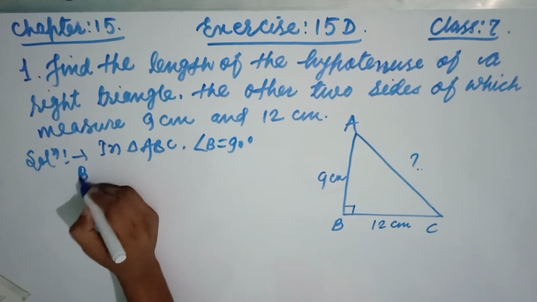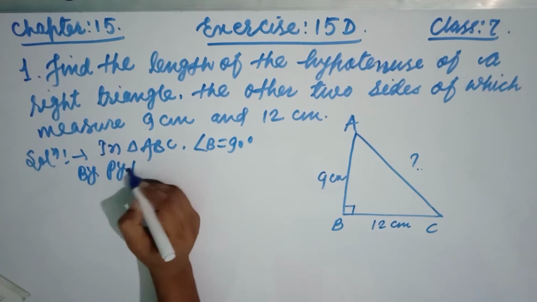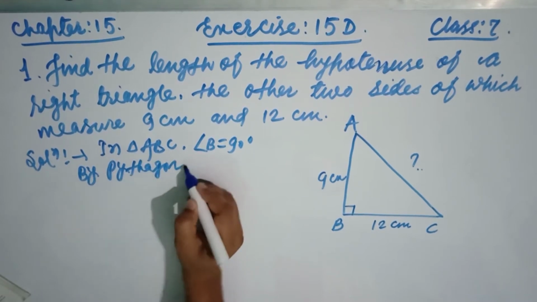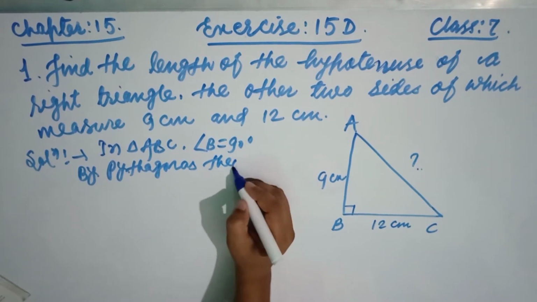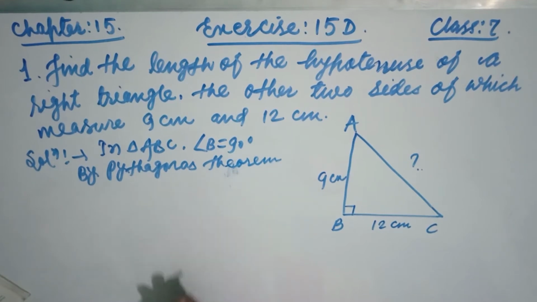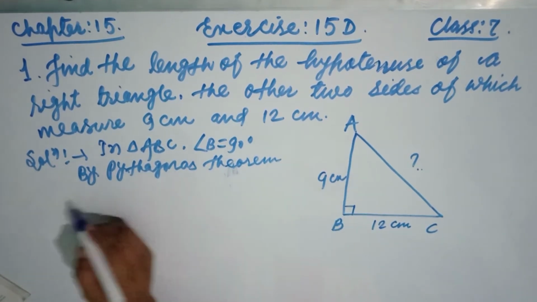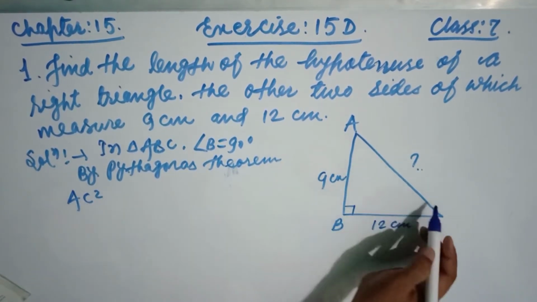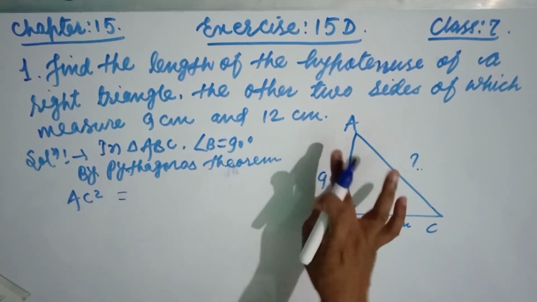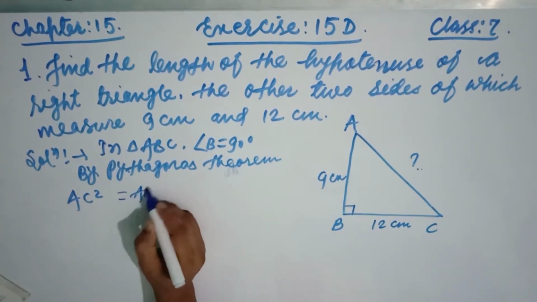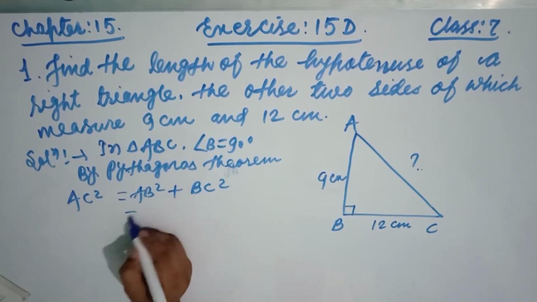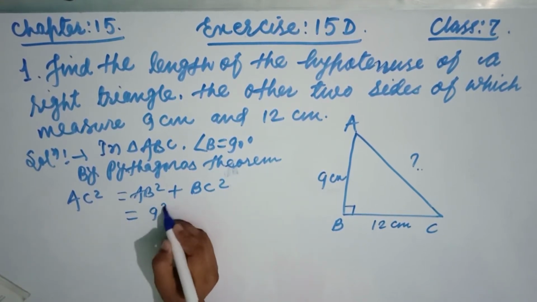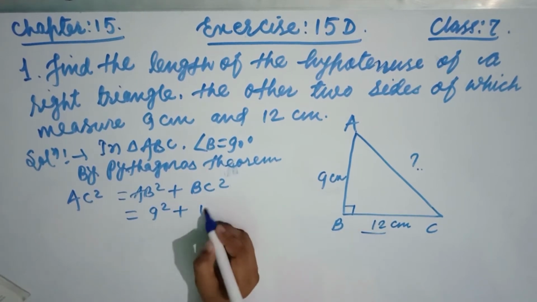Then by, friends, by Pythagoras theorem, the square of hypotenuse, means AC is the hypotenuse, friends, is equal to sum of the square of other two sides, means AB square plus BC square. So AB square is, friends, what? This is 9 square, and BC, the value of BC, this is 12 square.